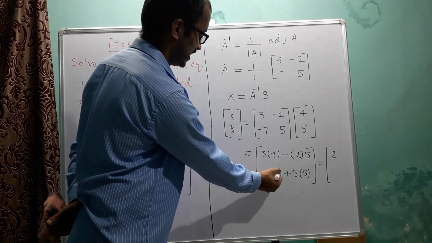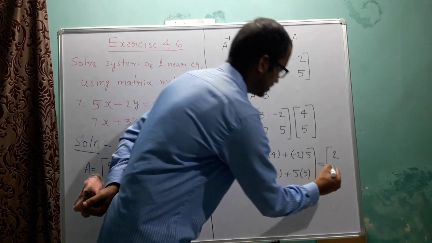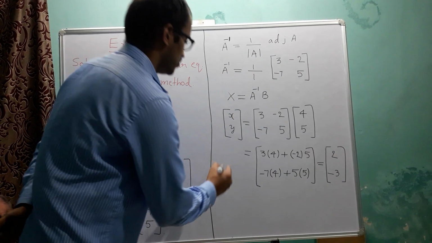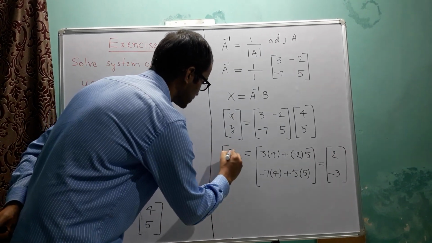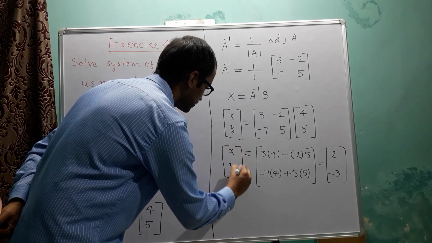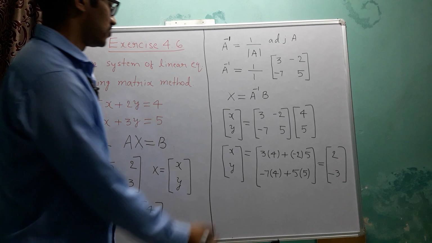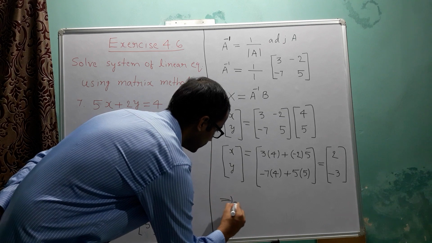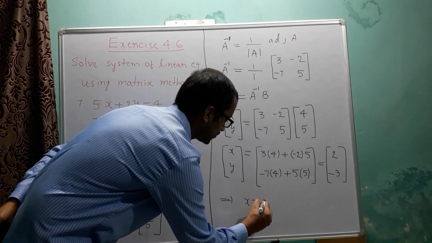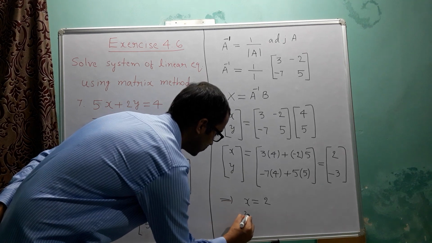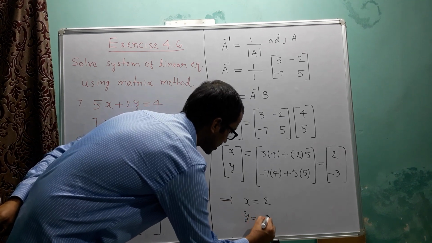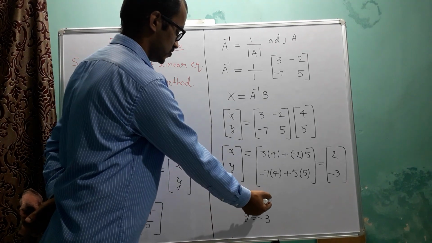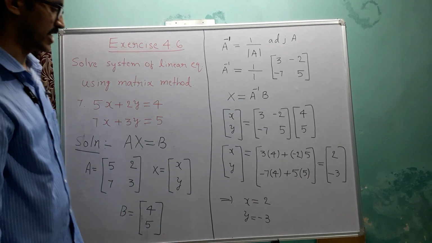Here minus 28 plus 25 is minus 3. So this is the value of x, y. Now if you equate the corresponding elements, we get x = 2 and y = minus 3. So this is the required solution: x = 2 and y = minus 3.